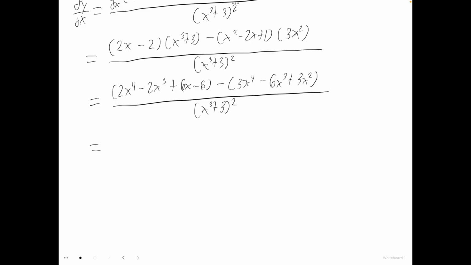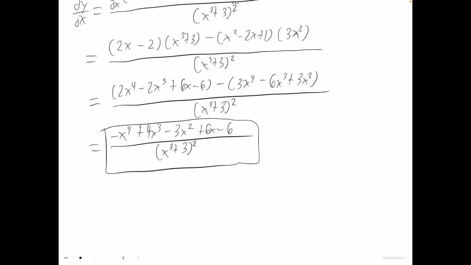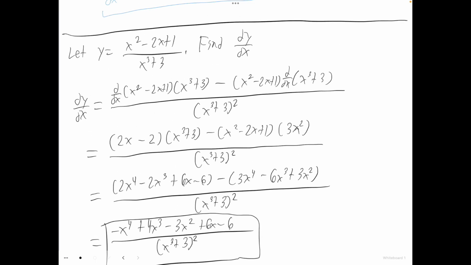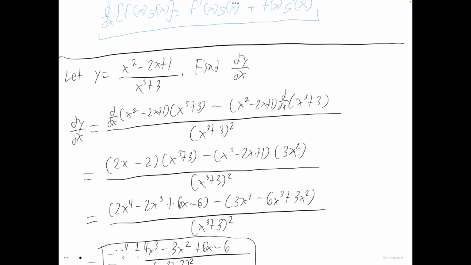And so combining things, we get negative x to the 4th plus 4x cubed minus 3x squared plus 6x minus 6, all divided by x cubed plus 3, all squared. And so that then is our derivative. And so we've computed the derivative of this function x squared minus 2x plus 1 over x cubed plus 3.